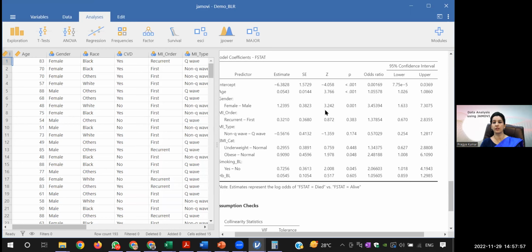So I will write that the odds of death in female was 3.45 times more than male, or in form of percentage, you do 3.45 minus 1. So you can write 245%. So the odds of death were 245% more in female as compared to male. So this is how you can express it in the form of percentage as well as a ratio.